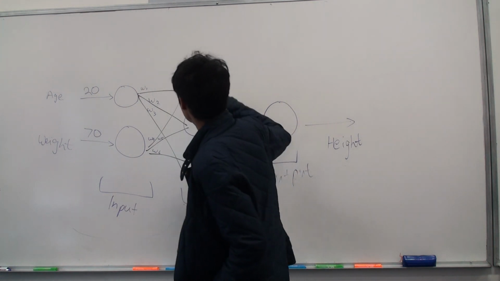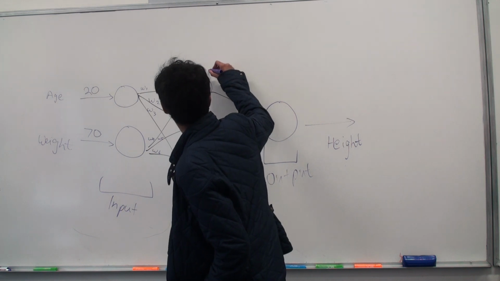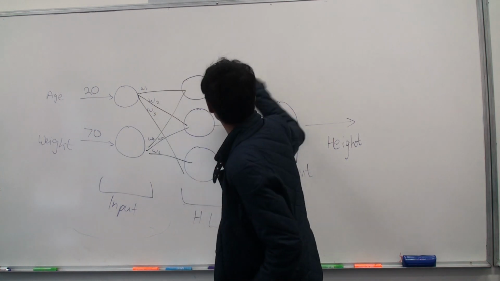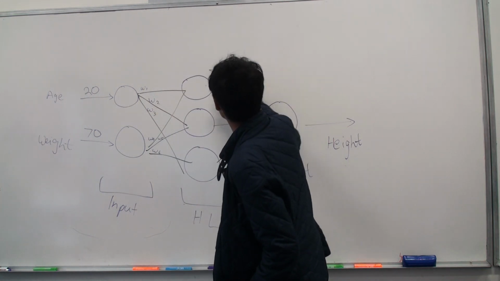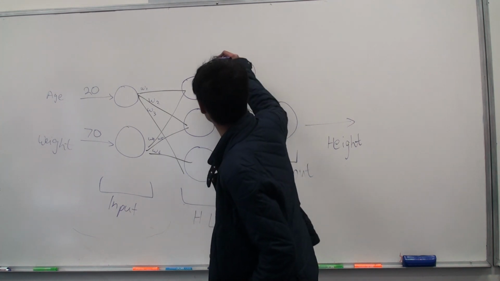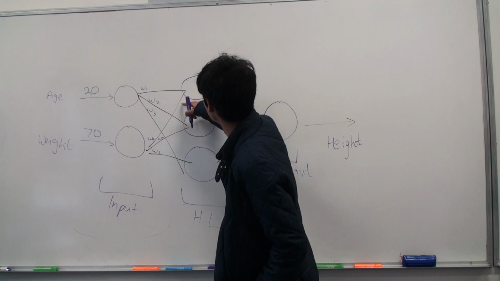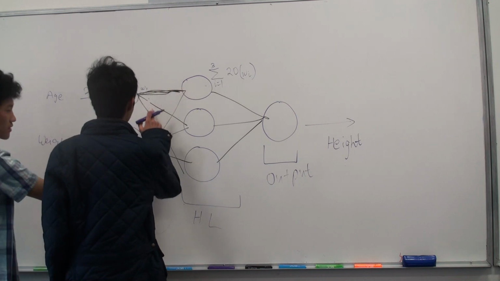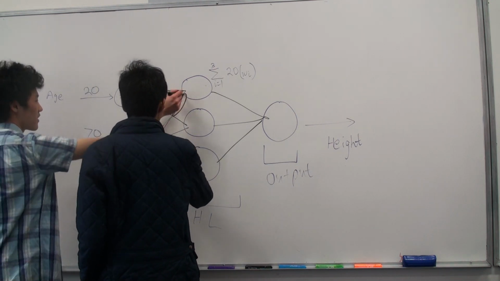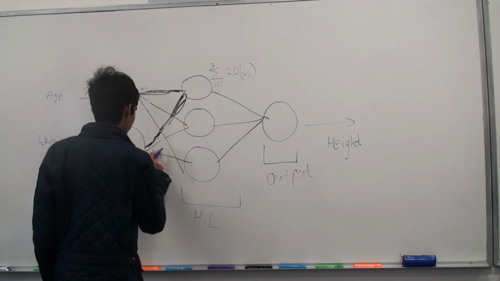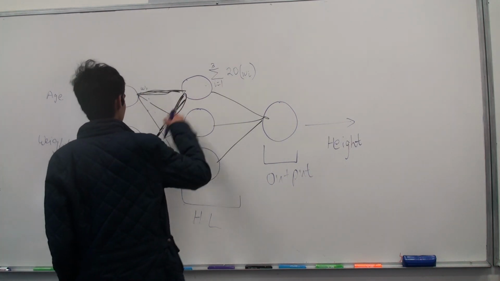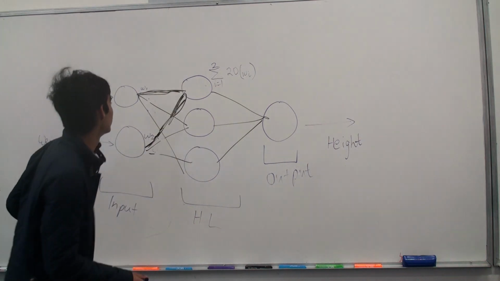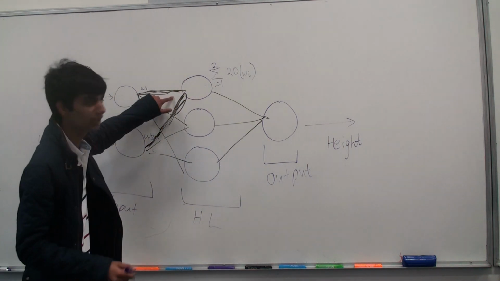This will be the sum of 20, which is our age, times weight i, from i equals 1 to 2. Basically, for this node you can see every incoming connection into it.